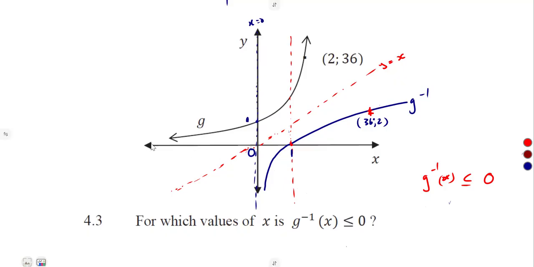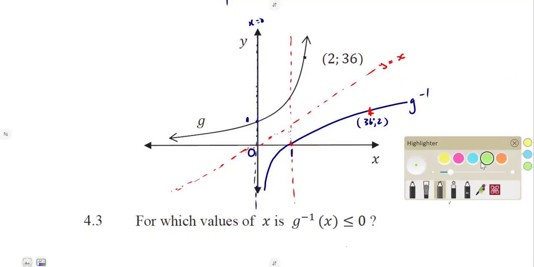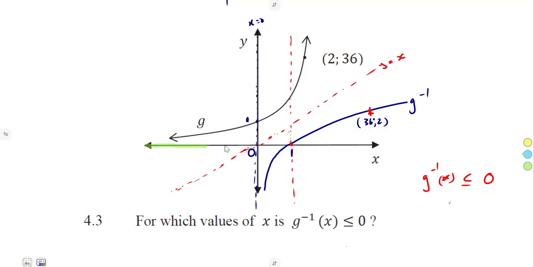From 0 to 1, our graph is below the x-axis, because we are comparing from the x-intercept. Anything below is negative. So it is negative between 0 and 1. Then from 1, the graph is above the x-axis, meaning it is positive.